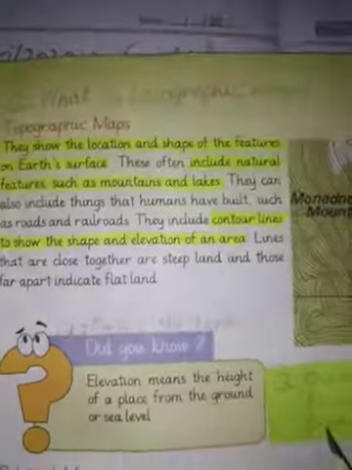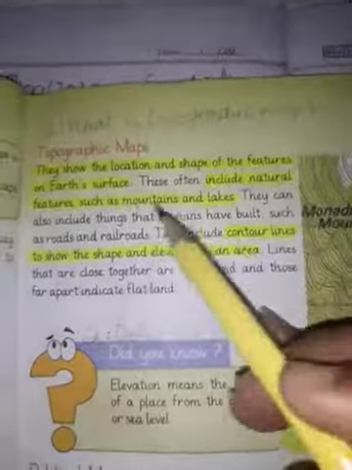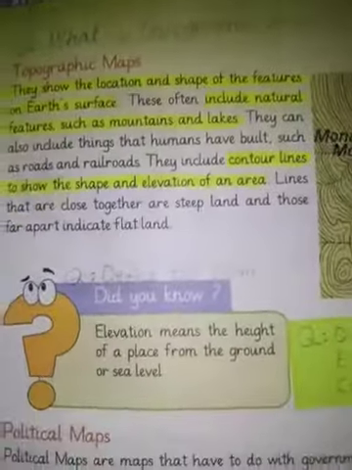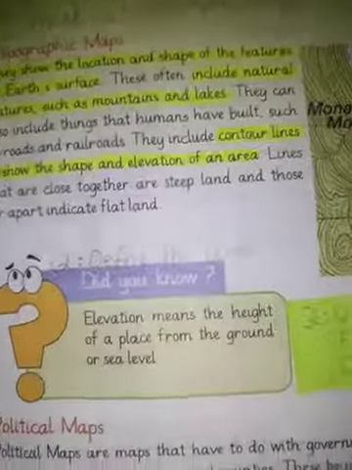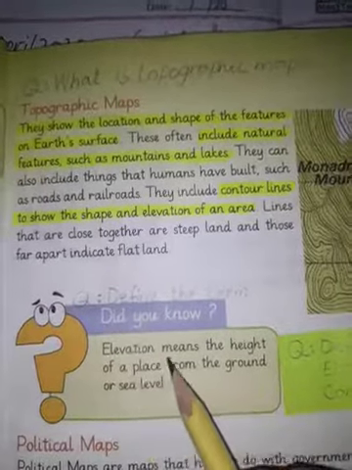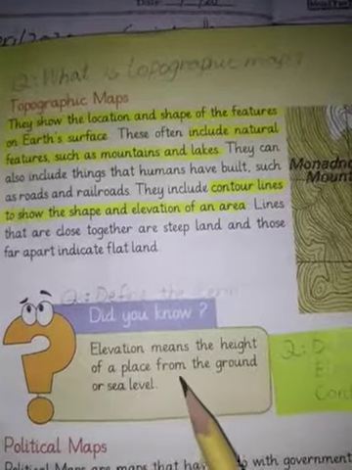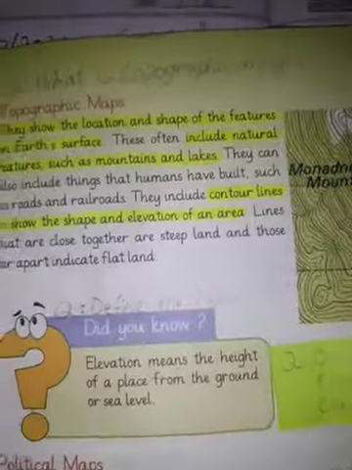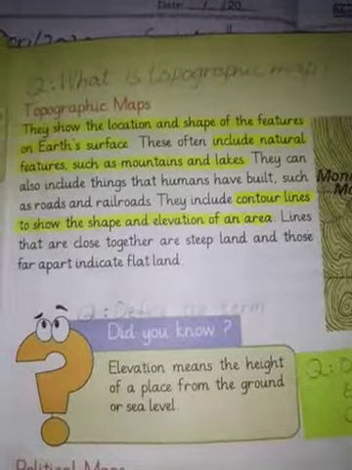So here we can derive a short question from our text, that is, what is topographic map? And the second short question that we have prepared from our reading is about elevation. Define the term elevation. Elevation means the height of a place from the ground or sea level. So what is elevation? Elevation is the rise of something.